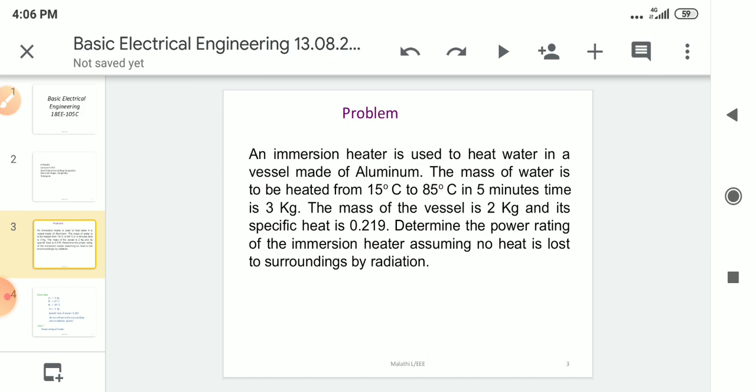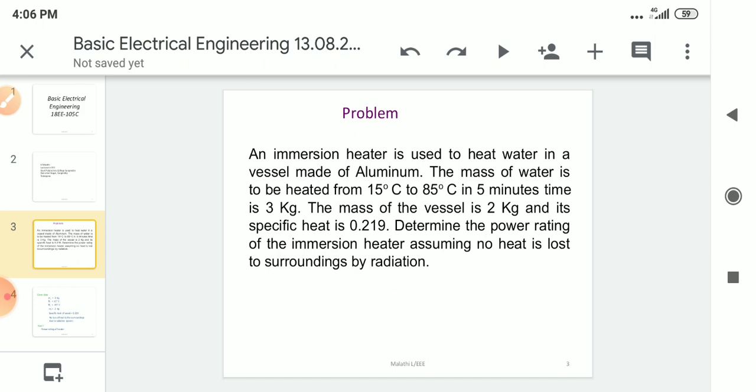S is specific heat. The specific heat changes from one substance to another substance. Here the specific heat of water is 1 calorie. So theta is the rise in temperature, that is theta 2 minus theta 1. These are the things we observed.